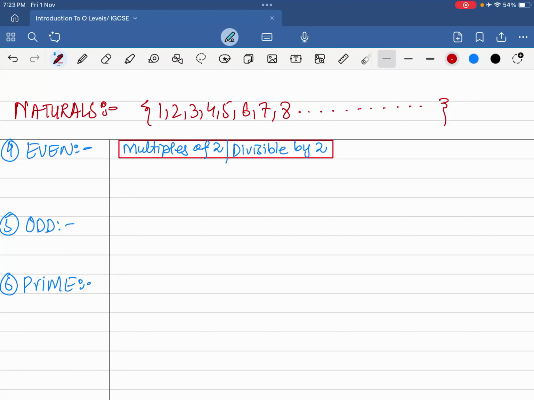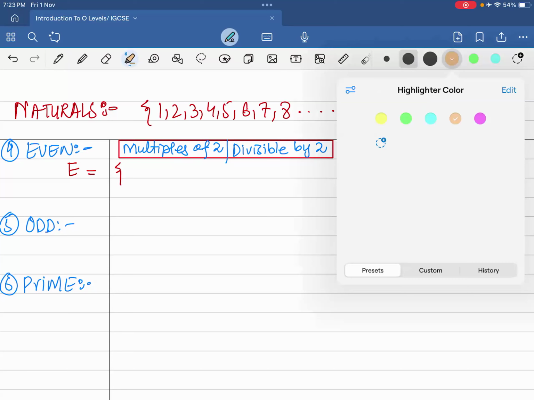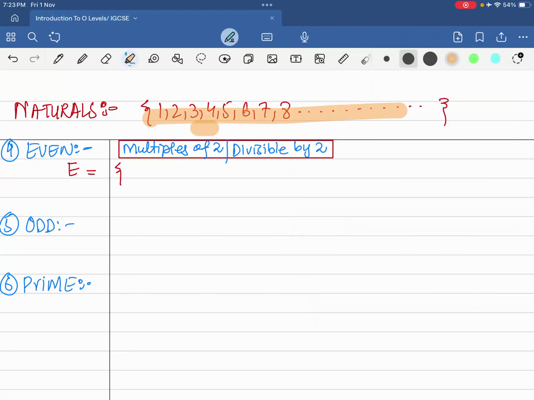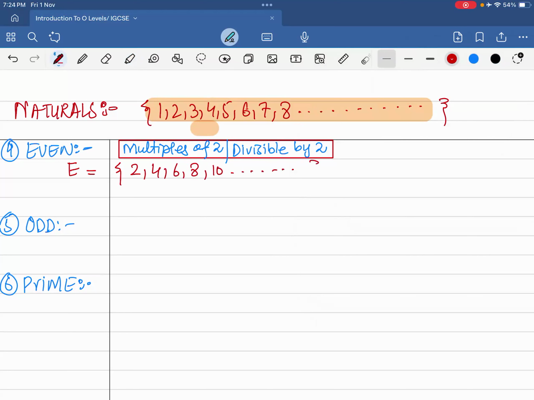Even numbers in math are denoted by the letter E. I told you that we have to look only towards even numbers here. So even numbers are 2, 4, 6, 8, 10, and so on. Any confusion?